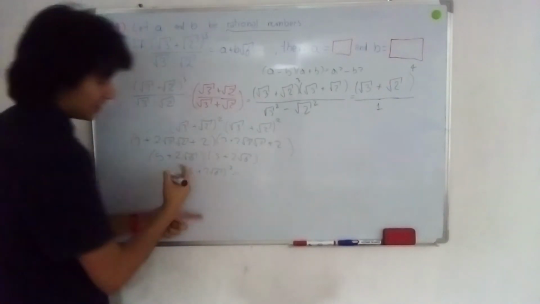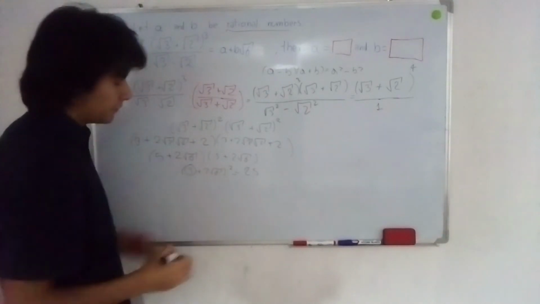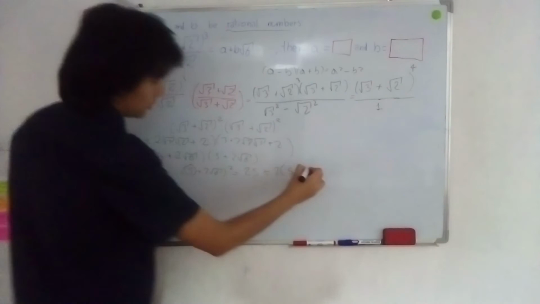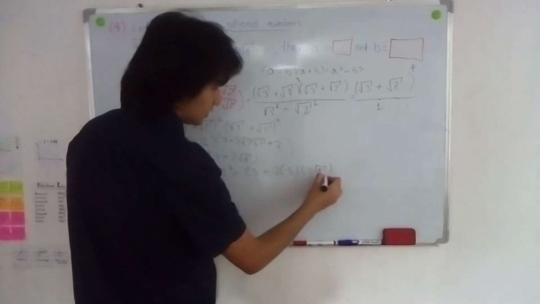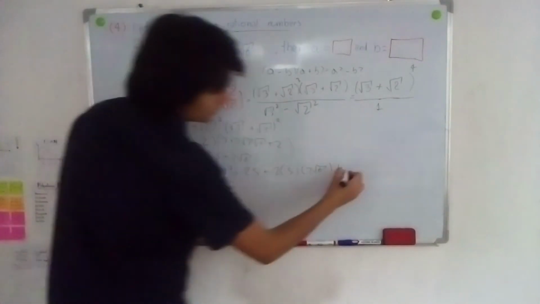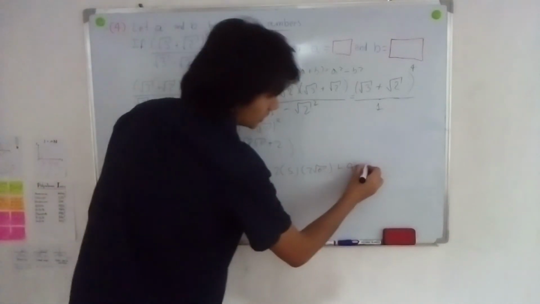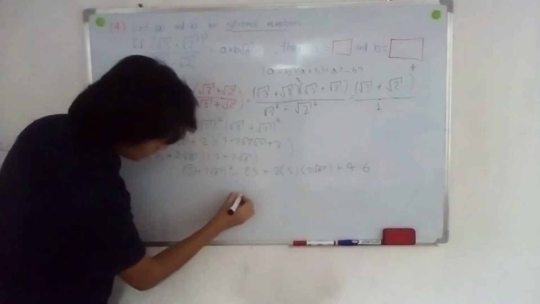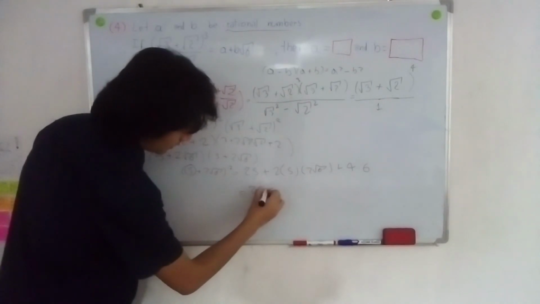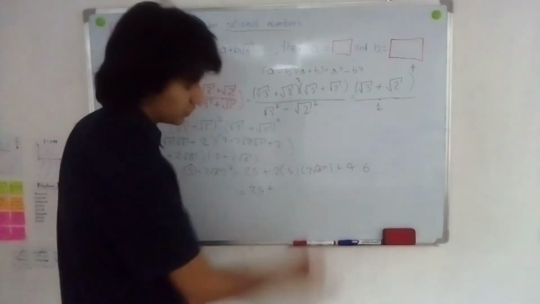Finally, that is this 5 squared: 25 plus 2 times 5 times 2 the square root of 6 plus 2 squared, that is 4. The square root of 6 squared is 6. 25 is 25. 2 times 5 is 10. 10 times 2 is 20.